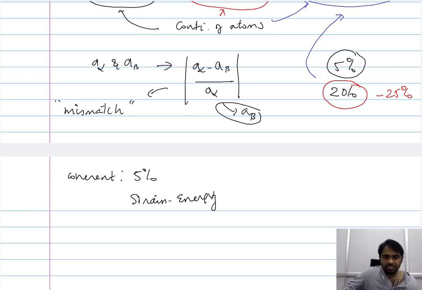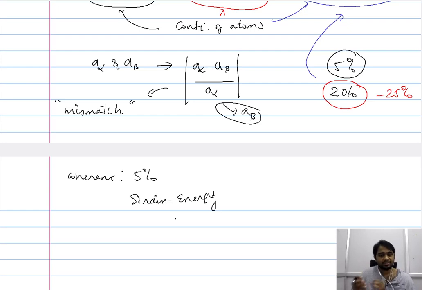When we talk about strain energy, what it means is that there is an elastic distortion associated with it. So you have essentially introduced a particle, and the atoms in that particle show some continuity to the atoms in the matrix phase. However, even though there is continuity, there is a mismatch in the heteroatomic distance that introduces a 5% mismatch, and therefore this mismatch gets translated into a strain energy.